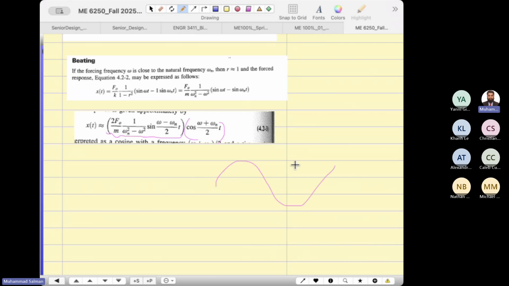The cosine wave starts from here to here, and this is the sine wave, here to here. This is the magnitude. Let me write down another equation here.